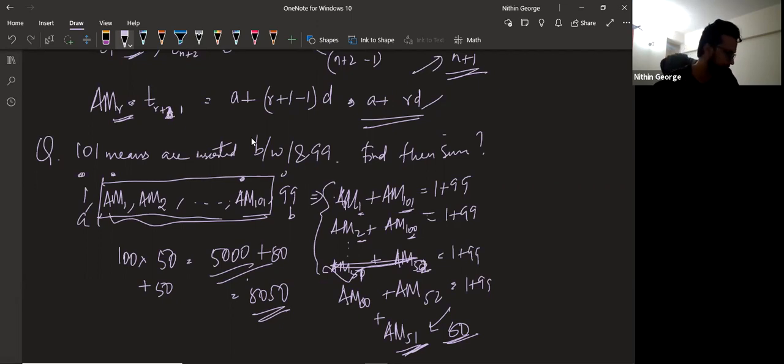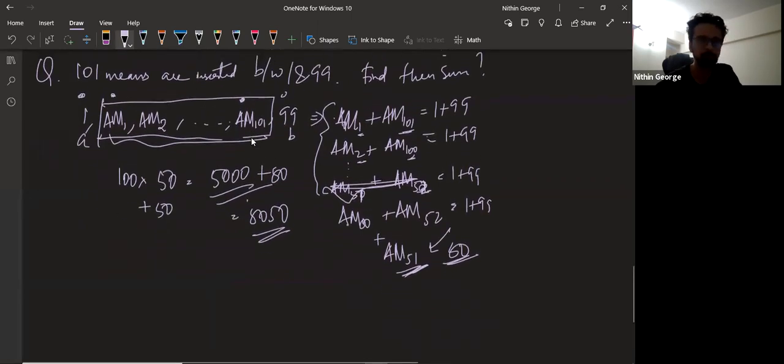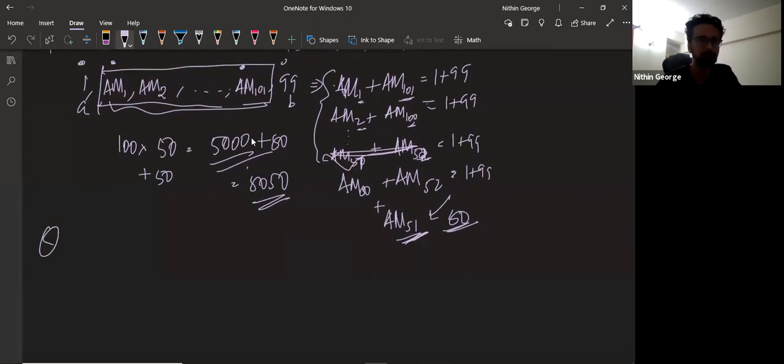The next question. Okay, we know that for GP, the sum of n terms is A into R power n minus 1 divided by R minus 1.